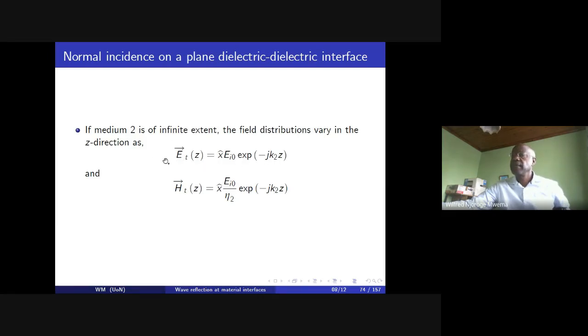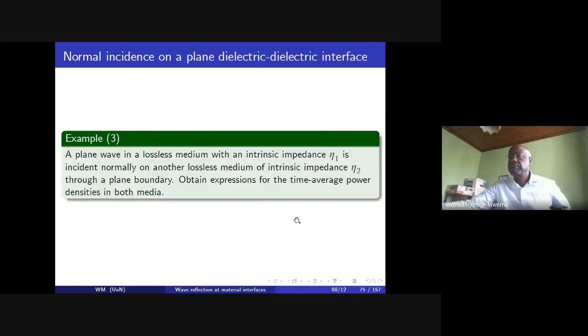That is, the transmitted electric field intensity will be given by X cap ET. This should be ET, not EI. I should have put a tau there, but I'll try to correct that in the slides I give again. And the magnetic field is given by that value there.